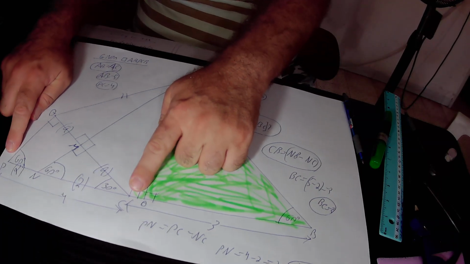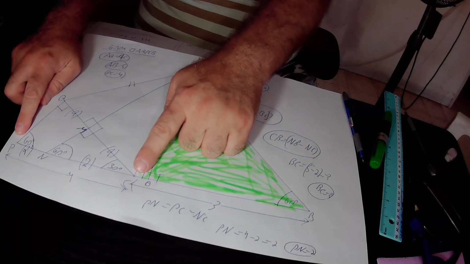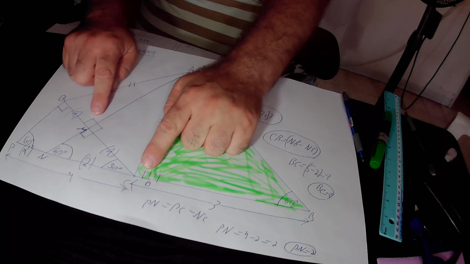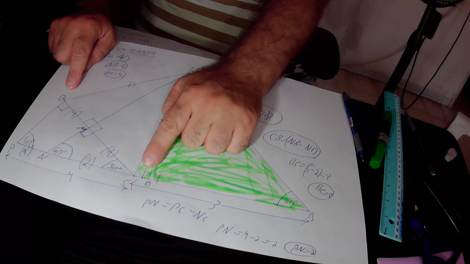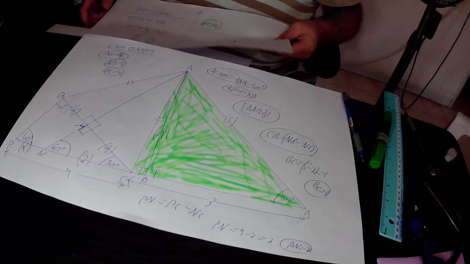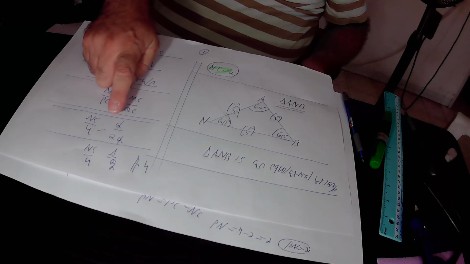PC equals 4 units according to what is given in the question, and it equals MC. MC equals A according to our definition, over QC. QC equals A plus A, that is 2A. So in total, NC over 4 equals A over 2A.